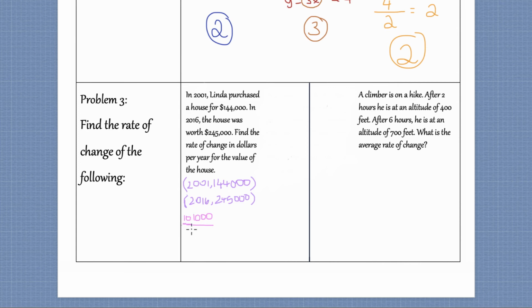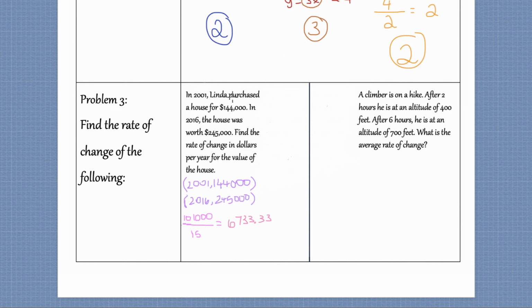So 2016 minus 2001 gives us 15. So this right here is the slope, but we have to simplify this. So simplified, we're going to get around $6,733.33. So this is the value that the house goes up for every year.